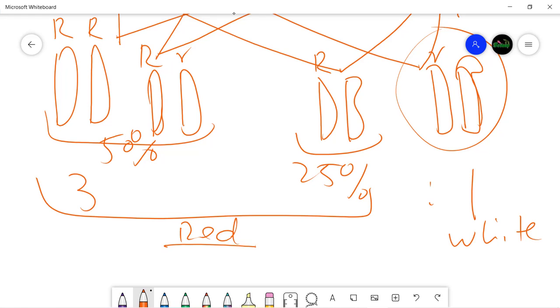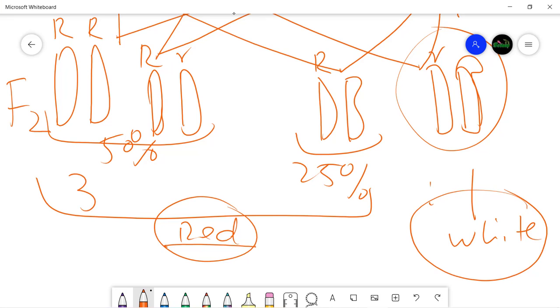One thing you should note is that as far as the color or the trait is concerned, this particular result, the F2, is following simple Mendelian inheritance, that red color is dominant over white, and we have obtained the simple monohybrid ratio of 3:1: 3 red-eyed flies and 1 white-eyed fly.